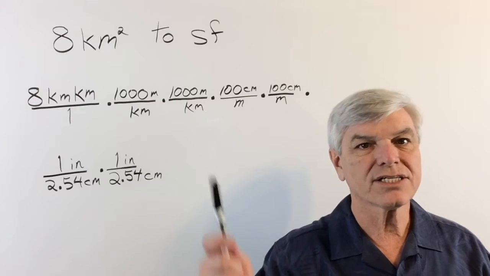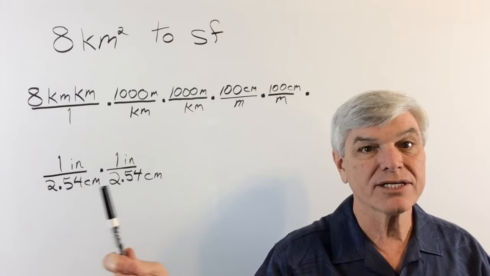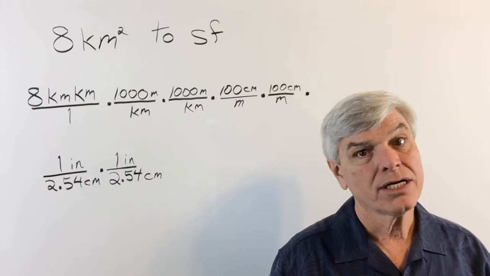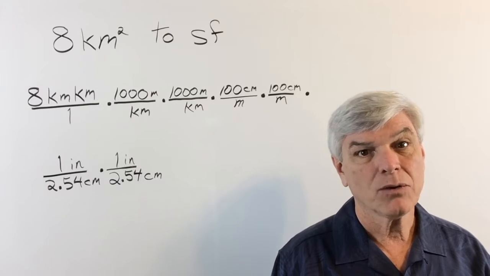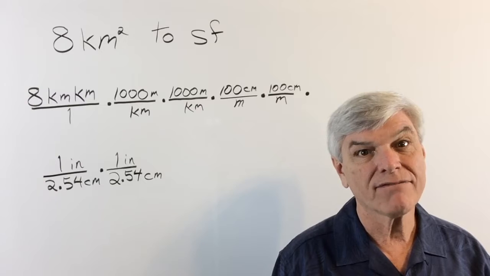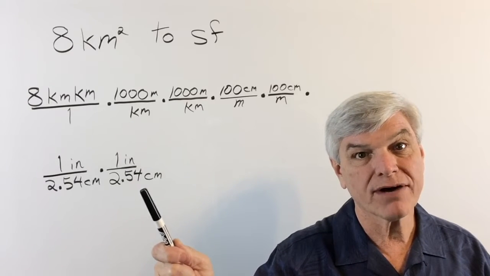Okay, like we discussed, our centimeters are on top, so if we're going to convert them, we need to get our centimeters on the bottom. And we said we're going to convert them to inches, so we're going to have our inches on top. And what's the conversion ratio? It's not 2.54 to 1. It's 1 over 2.54.